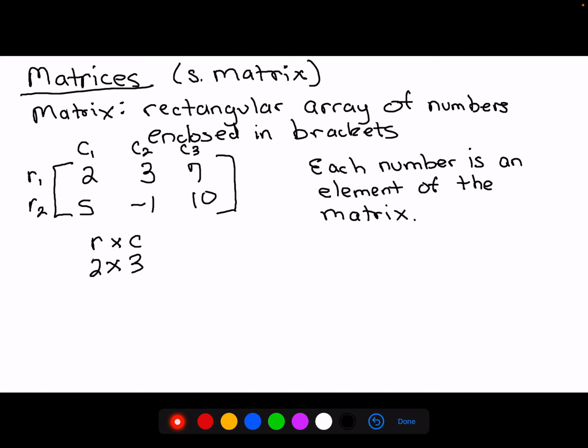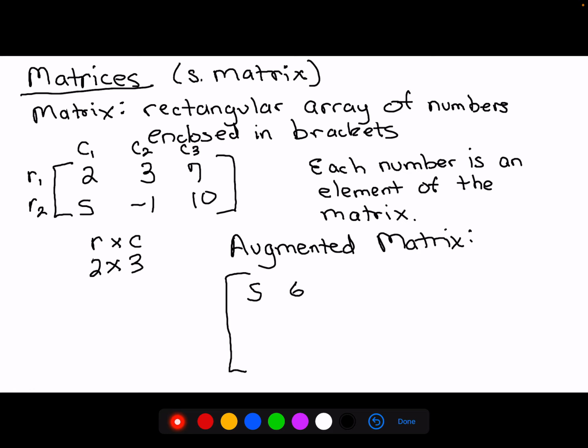Okay. Your matrices can also look something like this, where you have what's called an augmented matrix. And that's actually what we're going to be working with quite a bit in this lesson. So you might have numbers like, just like in the previous matrix, then you might have this little vertical line and some more numbers past that.